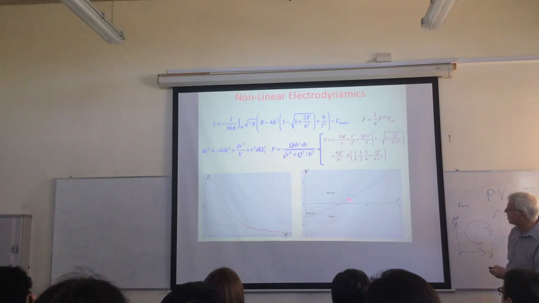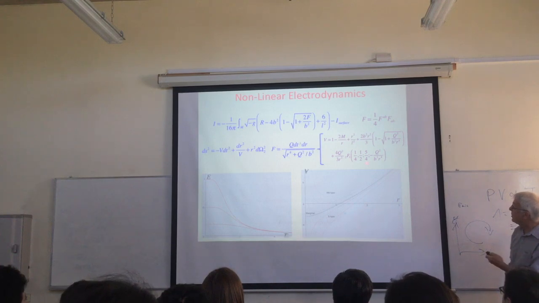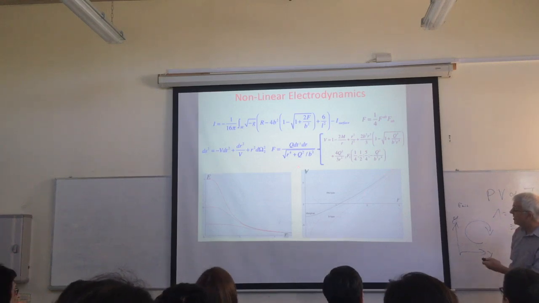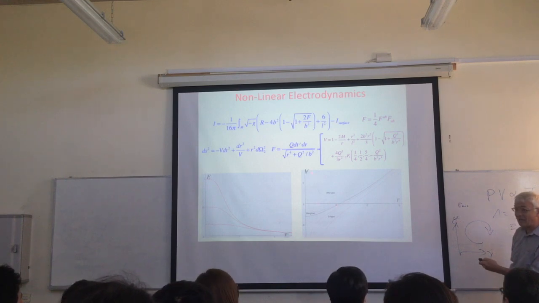And the metric function, you have two types of black holes. If I expanded in powers of B, I would get the Reissner-Nordstrom function, which, as metric function versus R, grows like R squared. It has a zero for the outer horizon, but then it goes back up to have an inner horizon.